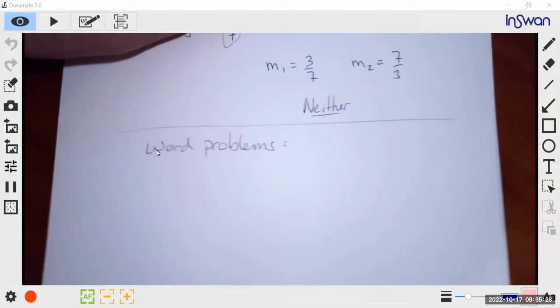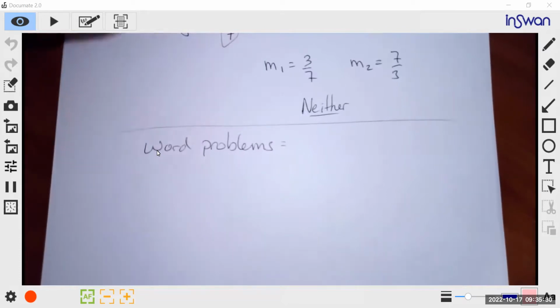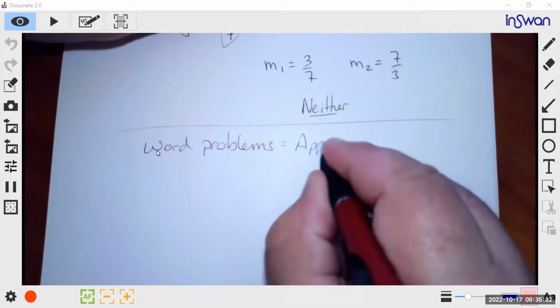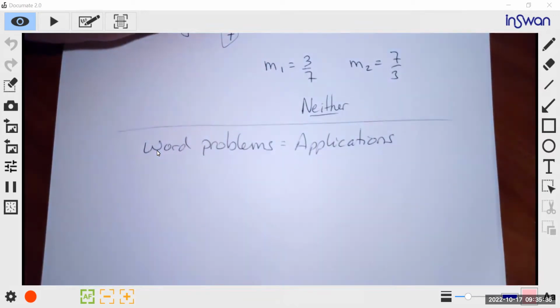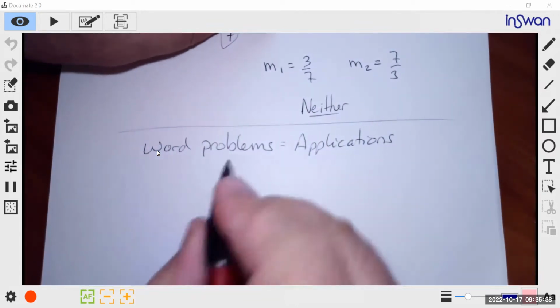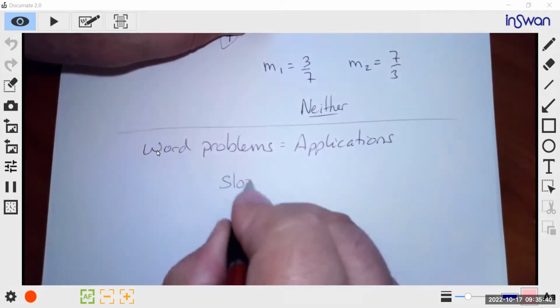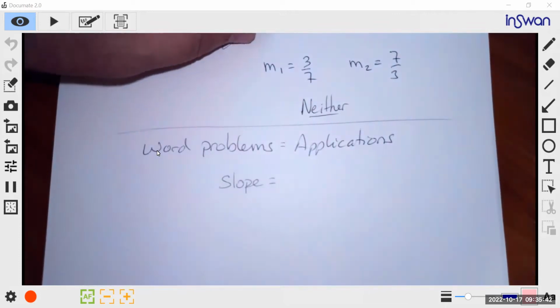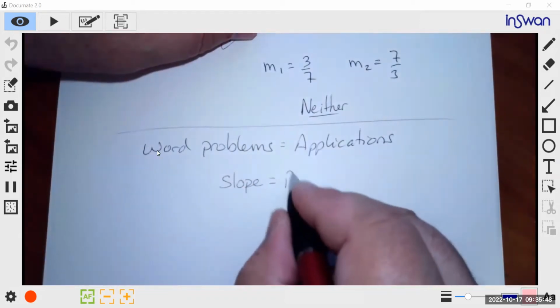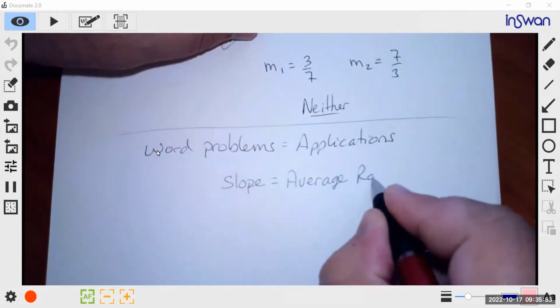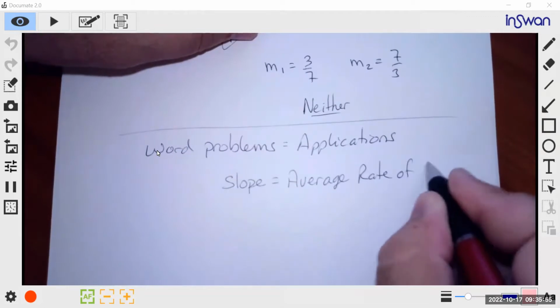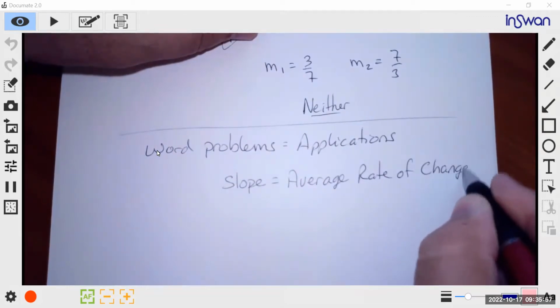In word problems, in real-world applications, instead of the word slope, we use the average rate of change.